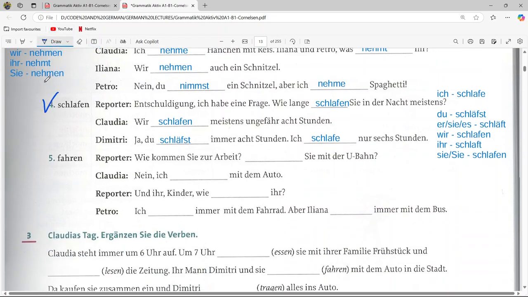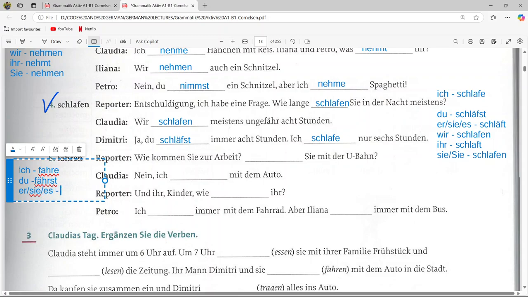The last one, fahren. So let us write the conjugation for fahren. Ich fahre. For du it is fährst. For er, sie, es, it is fährt.